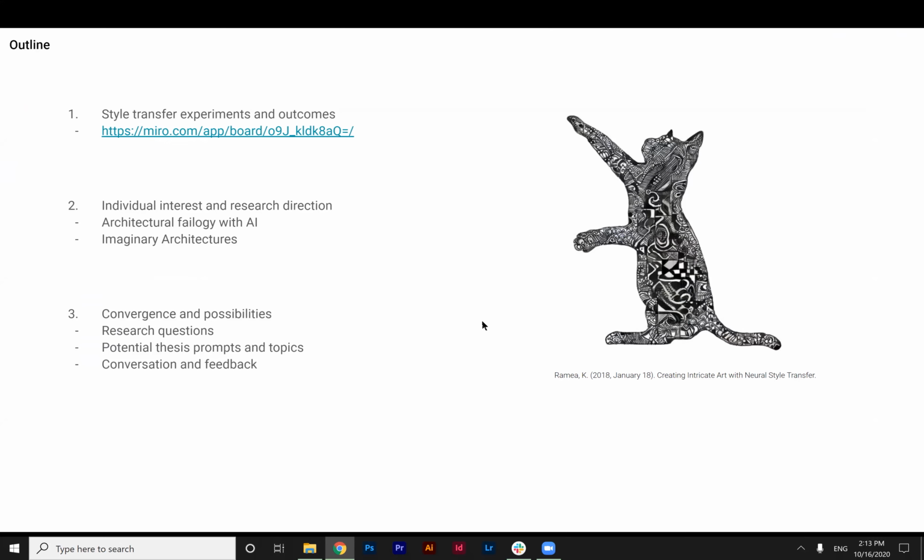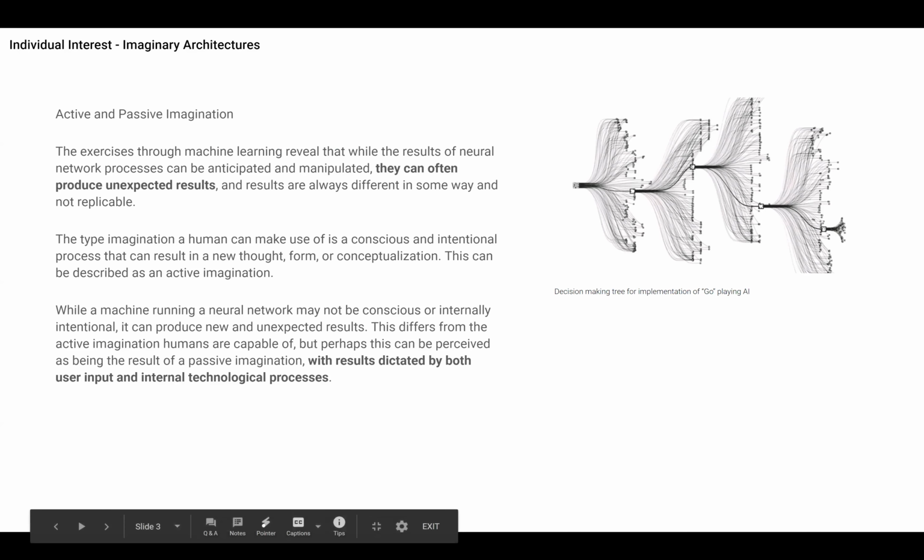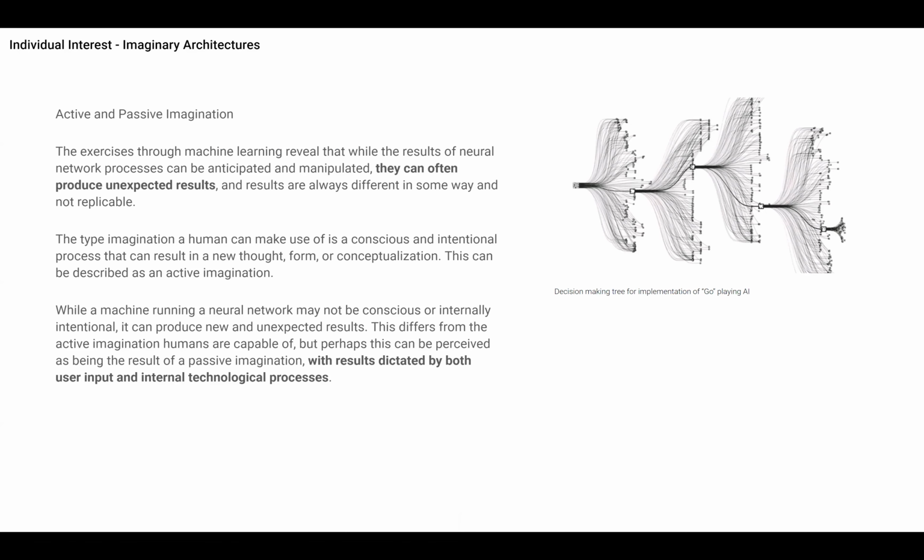Throughout the semester so far, we occasionally come back to this theme of imagination and the question of whether AI is a form of imagination or has imagination. I might suggest that because of the tendency for AI to produce unexpected results that a human would not have thought of, that could be a form of imagination.